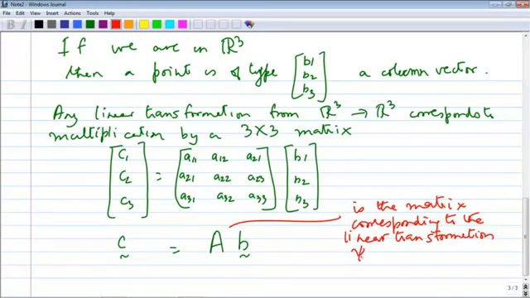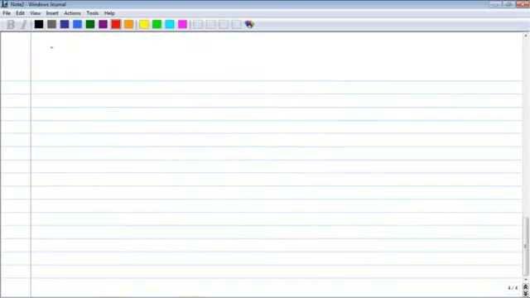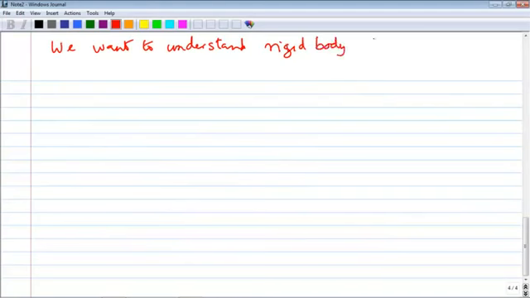So let's go back to rigid body motions. So we want to understand rigid body motions that are also linear transformations.